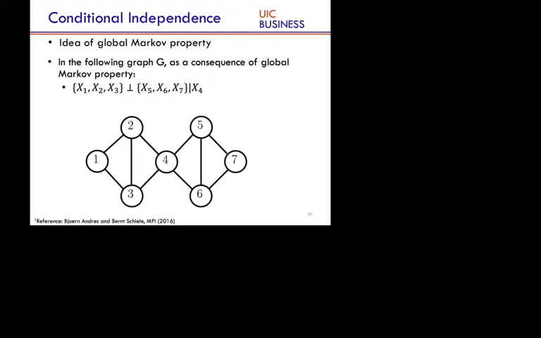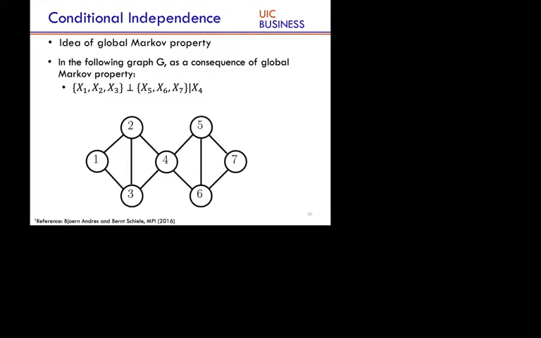First we looked at the idea of the global Markov property, which says that if you partition the graph into three sets, and you're asking whether two sets are conditionally independent given a third set C, then if all the vertices in the first set are connected to the vertices in the second set only through paths that pass through C, then they are conditionally independent.